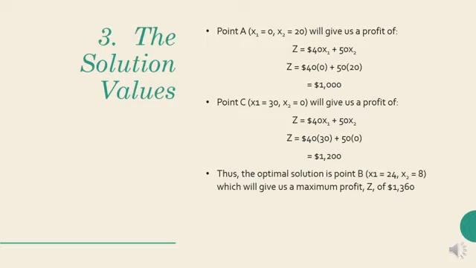Okay? Sa libro natin, pinakita ka agad na yung point B is the optimal solution. Pero dito, pinakita ko na optimal solution yung point B dahil pinakita natin na siya yung may pinakamataas na profit.